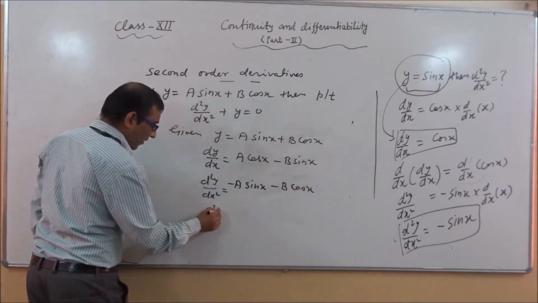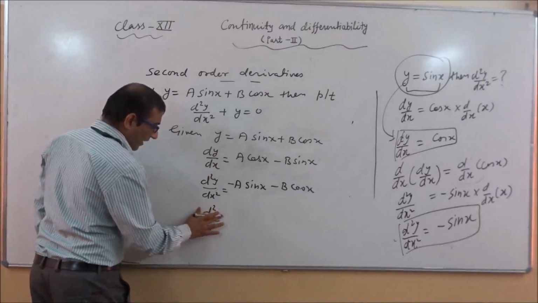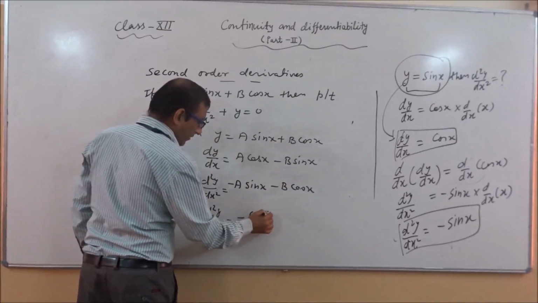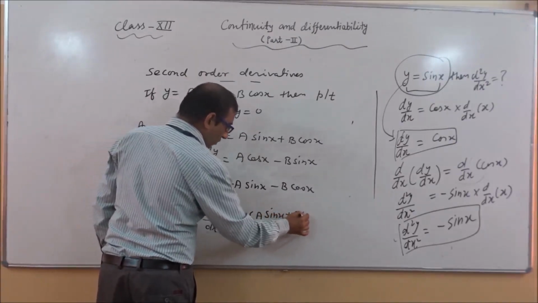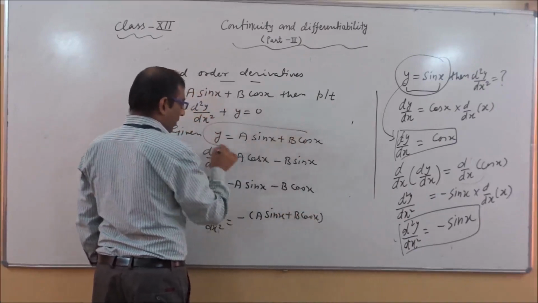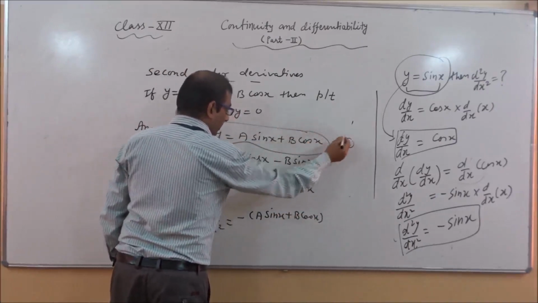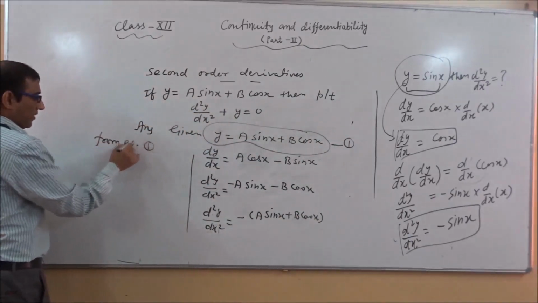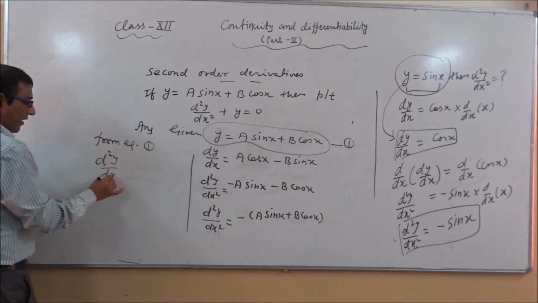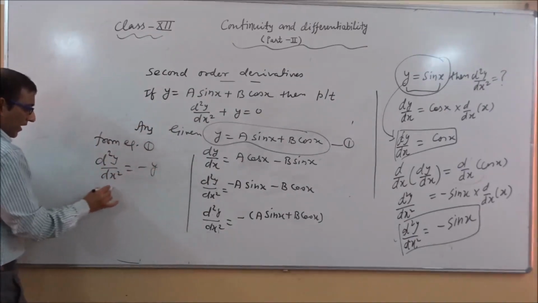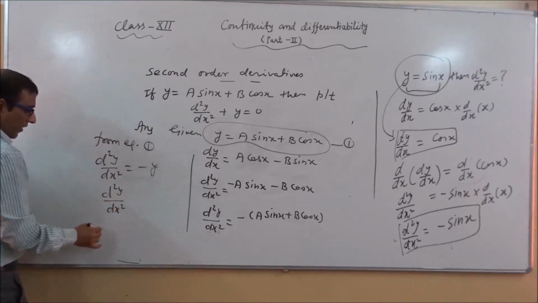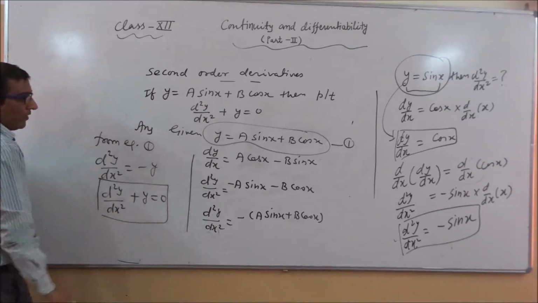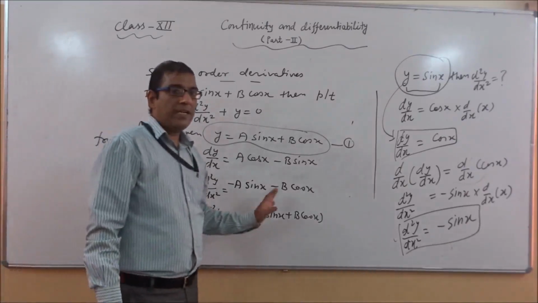So d square y upon dx square, the left hand side, we will write as it is, and here we take minus common, so it becomes minus (a sin x plus b cos x), and as you see, this is the value of y. If we put equation number first here, then we can write from equation first that this double differentiation or second order derivative is equal to minus y. So we can say d square y upon dx square plus y equals 0. So this is the way of solving questions based on the second order derivative.